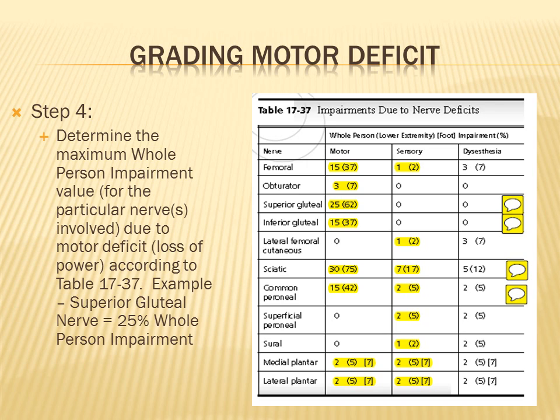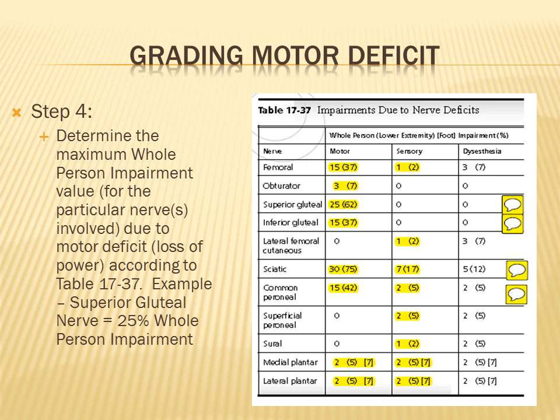Reading directly from table 1737 with regards to, for example, the superior gluteal nerve, complete loss of function of the superior gluteal nerve provides for 25% whole person impairment. Now think about that. That's a substantial impairment. That gives you an indication of the importance of the superior gluteal nerve in performing activities of daily living.